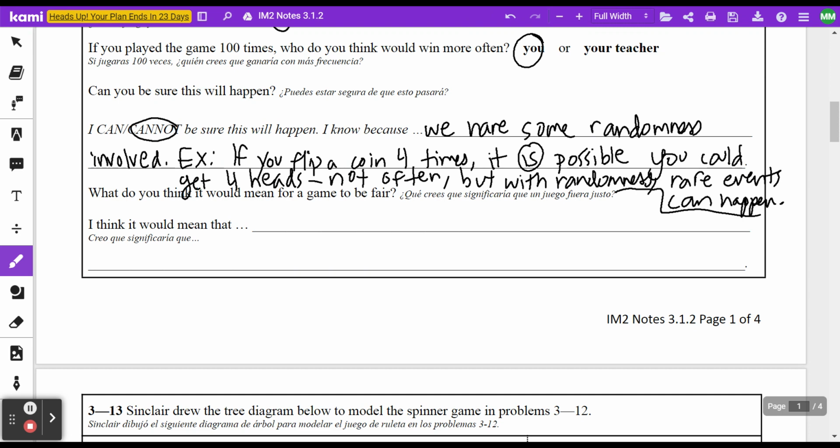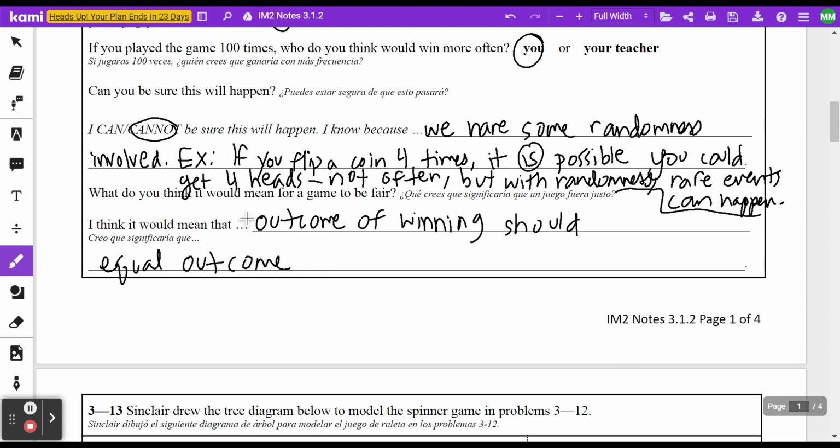For a game to be fair in this class right now, it means that the probability of the outcome of winning should equal the probability of the outcome of losing. They should both be 0.5.